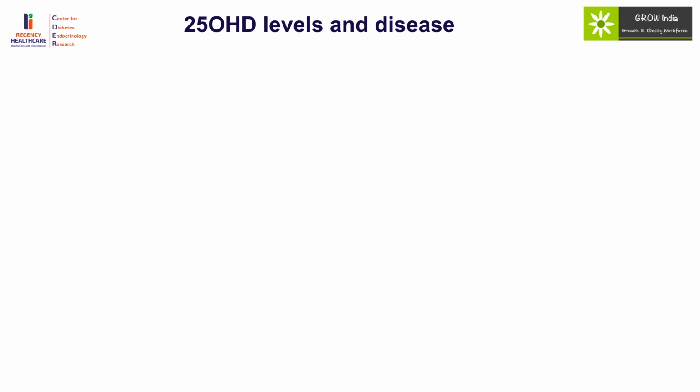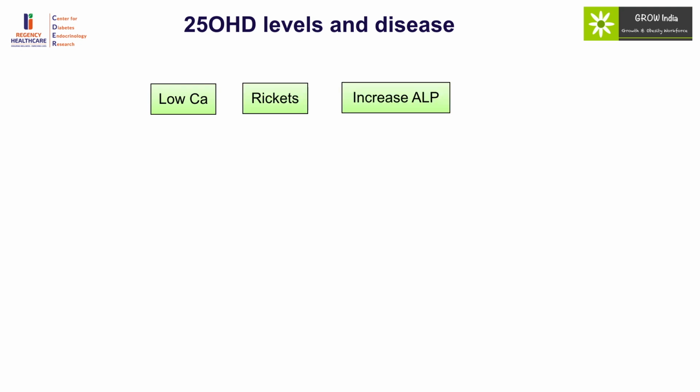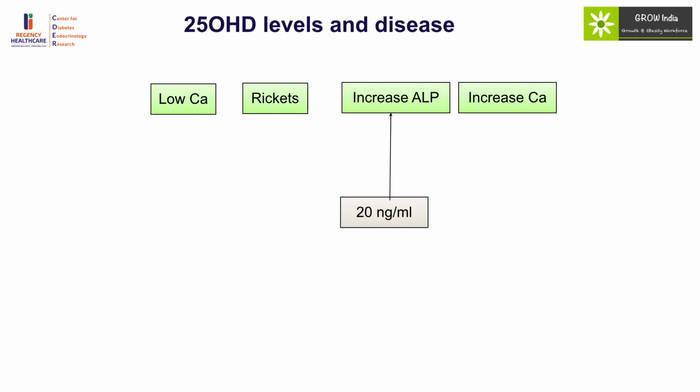So when we are concerned about vitamin D levels, we are concerned about hypocalcemia, rickets, high alkaline phosphatase levels, which are indicative of a metabolic bone disease, and hypercalcemia as a toxicity. Alkaline phosphatase levels typically start to increase when the level falls below 20, and hypercalcemia happens once the levels are more than 100.